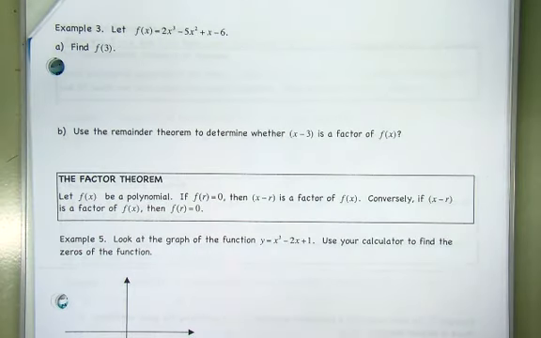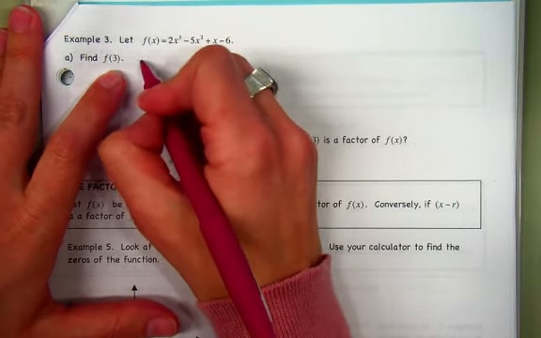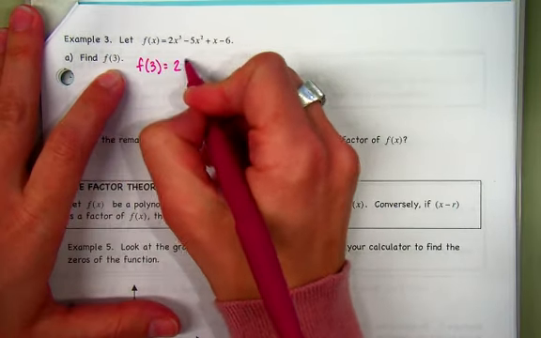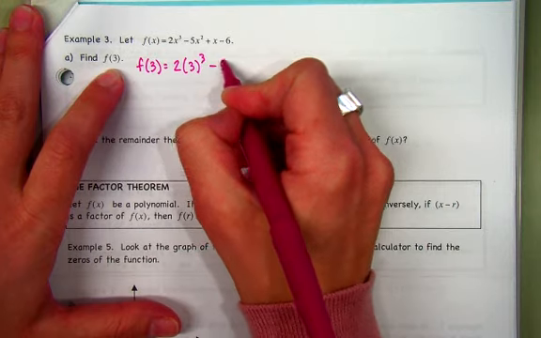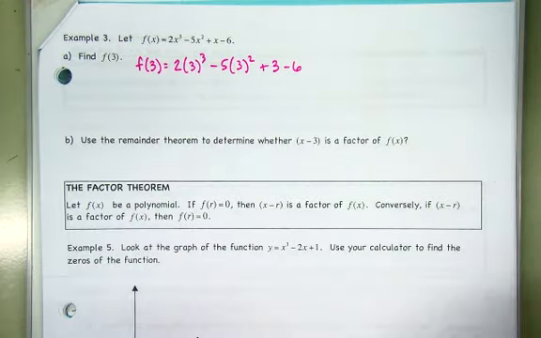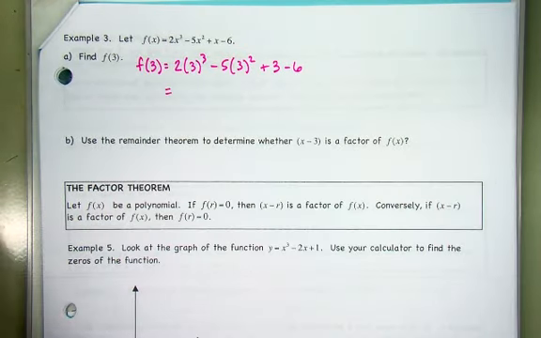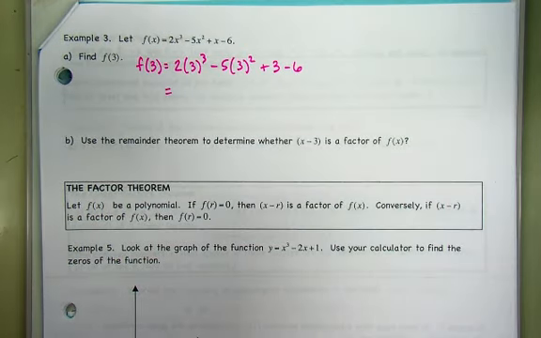Find f of 3. This is the same idea, but we're going to do this backwards. Again, we have to do this the long way. We plug it in. You have calculators, so you can work this out. 27 times 2, what do you guys get?